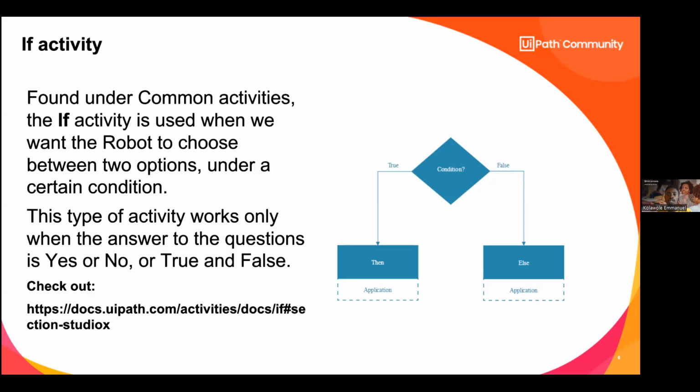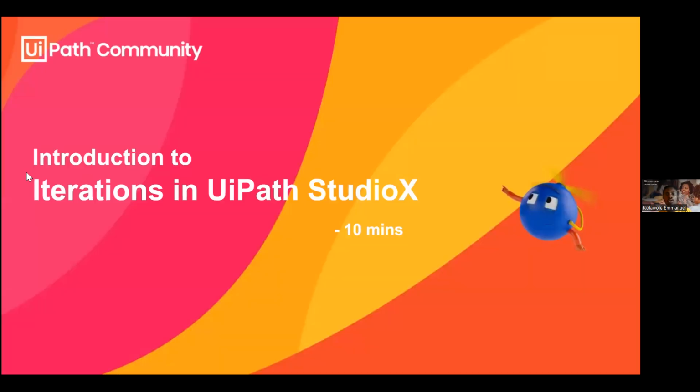If the condition you have put is false, the bot goes through the other route. It's as simple as that. The If activity is used when we want the robot to choose between two options under a certain condition. The condition must be either true or false.